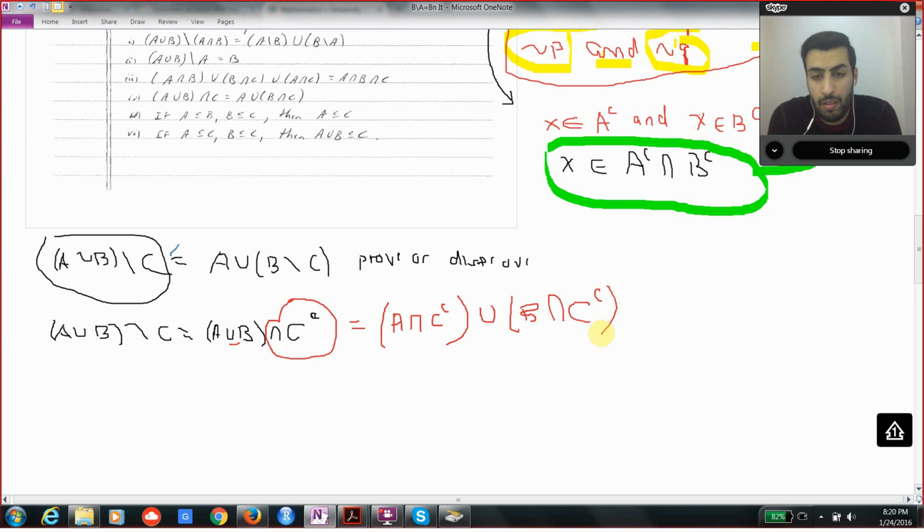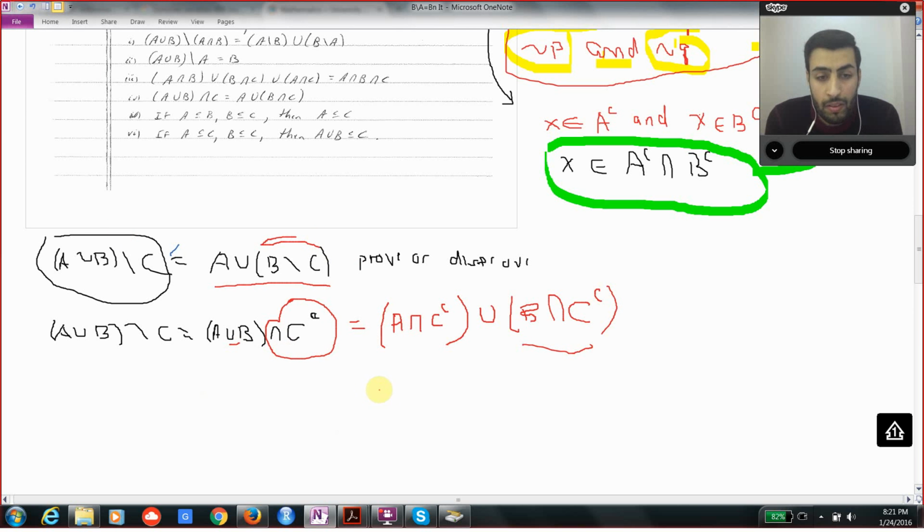Now, this looks a lot like what we're trying to prove, right? Well, we're trying to get to this, right? Yes. And isn't this the same thing as this? Yes. Sure. So notice what we've proven.